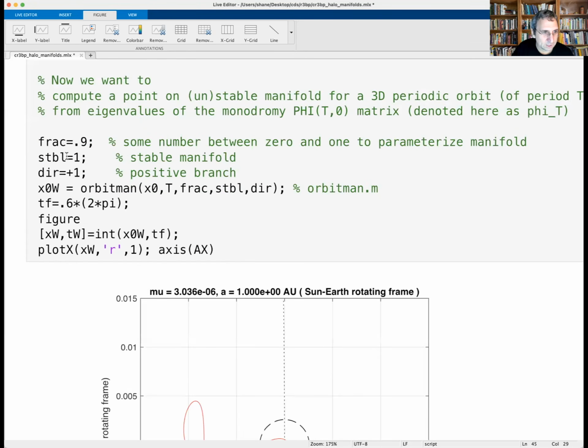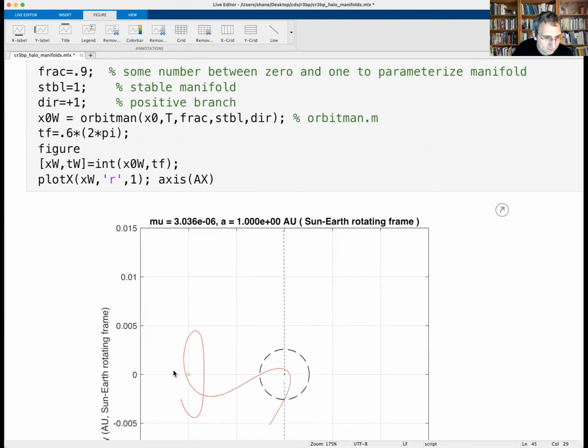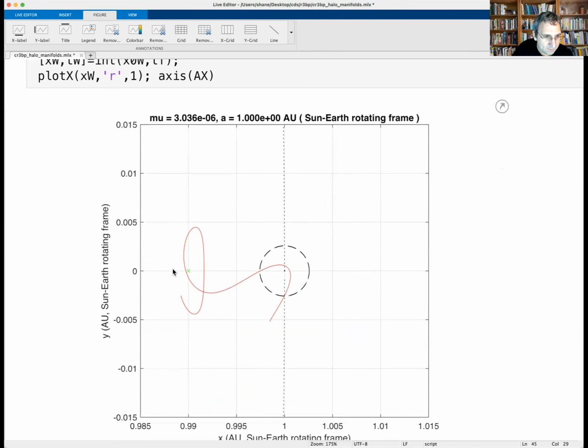So I picked some point that was at 0.9. So I think looking down here, this would have been 0, and then this would be 0.5. Apparently this is 0.9. So this is showing the stable manifold integrated backward in time. So if I started at this point and integrated forward, I should get something that goes exactly onto this periodic orbit.